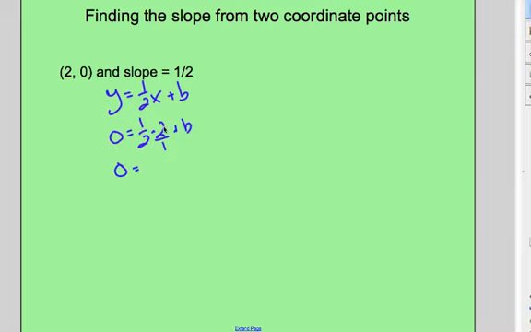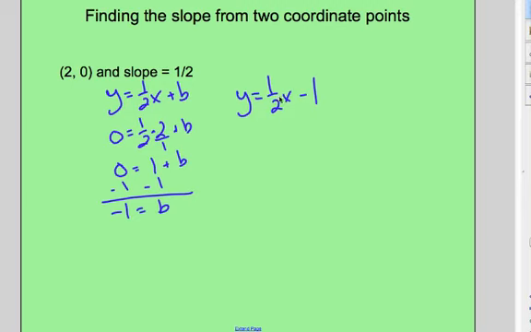This is going to be 1 times 2 is 2. 2 times 1 is 2. 2 divided by 2 is 1. That's just like the other one. 1 plus b. Subtract 1 from both sides. Negative 1 is b. So in this case, y equals 1/2 x minus 1. And that's our final equation.